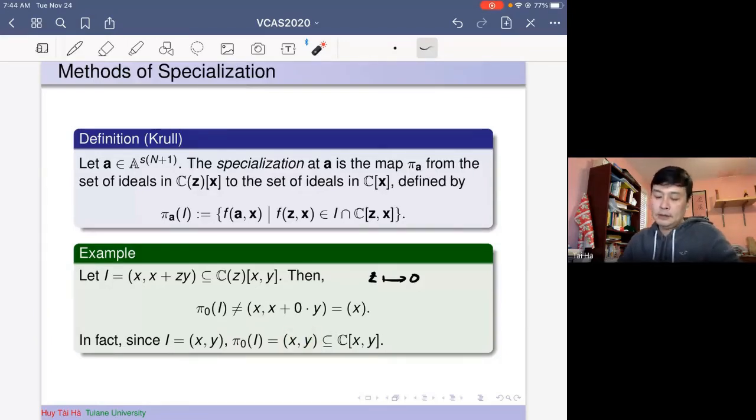In fact, for every ideal, there exists at least one collection of generators such that specializing the ideal is the same as specializing the generators. Unfortunately, that collection of generators is not easy to find in general.